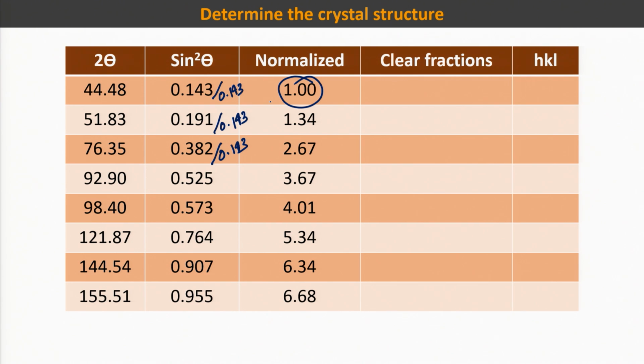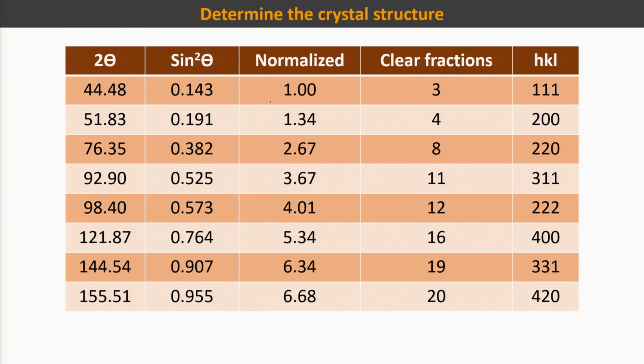So, we should have some integer values, and we will get integer values by making a clear fraction of this normalized value. Suppose you compare the first two normalized values.